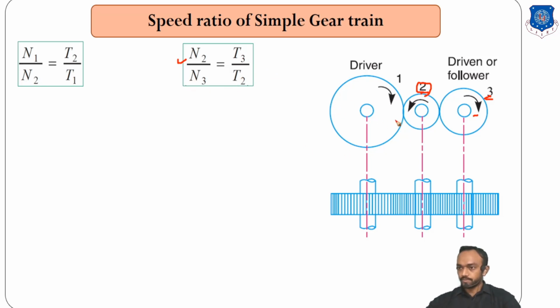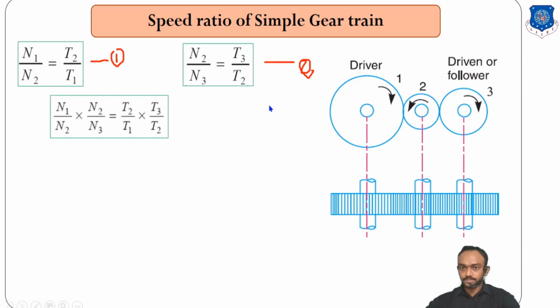So you can check, for 1 and 2, and after that between 2 and 3, the same relation. Say this is equation number 1 and this is equation number 2. Multiplying both equations, you can cancel out N2 and you can cancel out T2. What will happen?